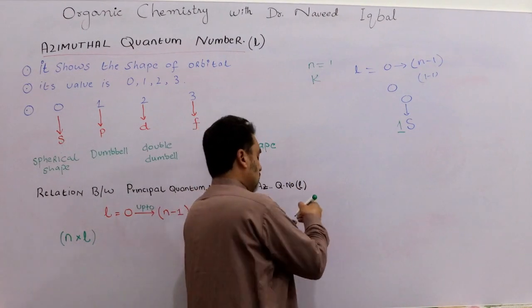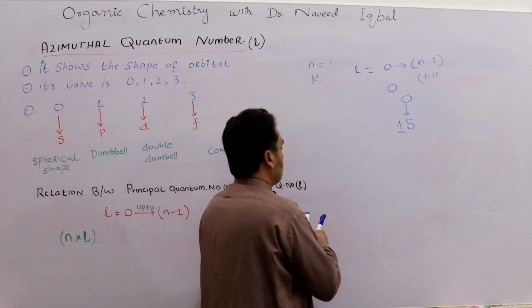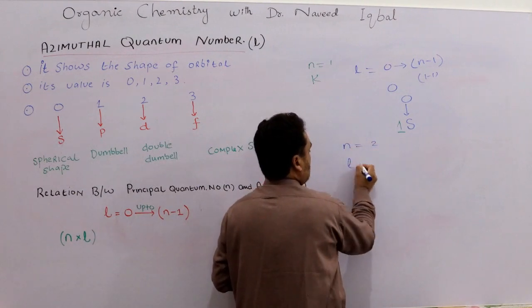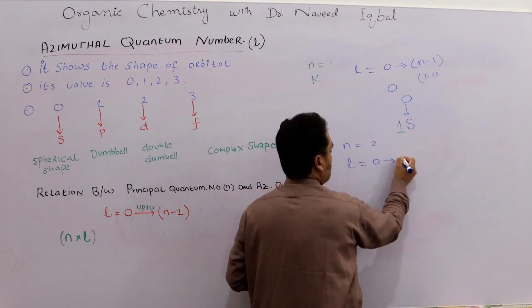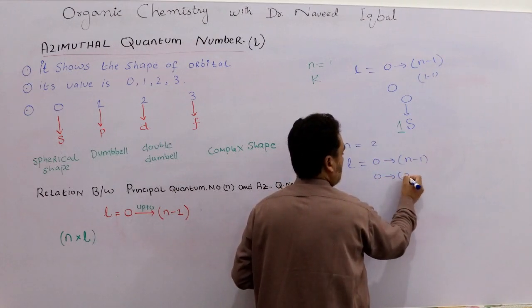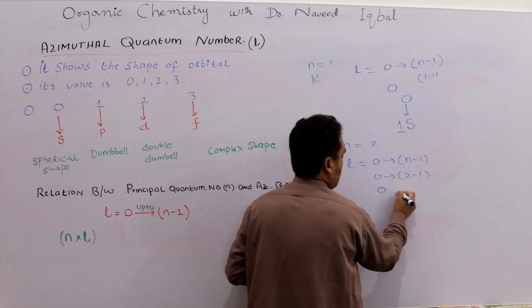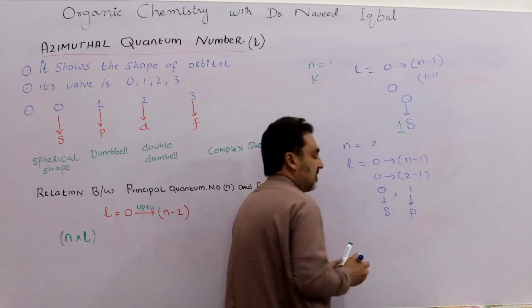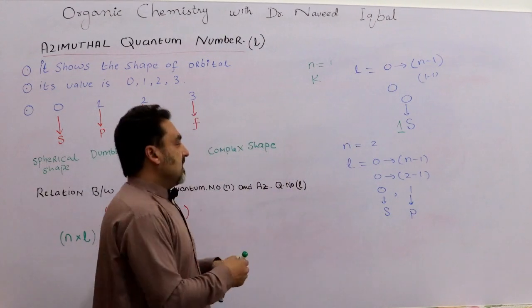Now if n is equal to 2, L is equal to 0 up to n minus 1, that is 2 minus 1, so 0 and 1. It is talking about s and p. But which s or which p?